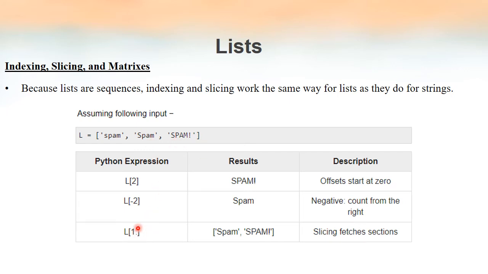We have not indicated the end of the slicing. So in this example, L of 1 points to this element spam, and from here it will go up to the end of the list.